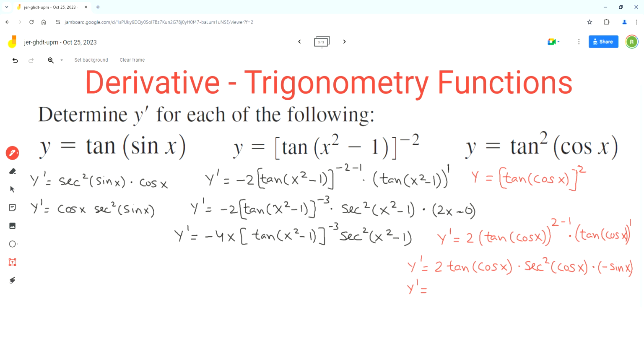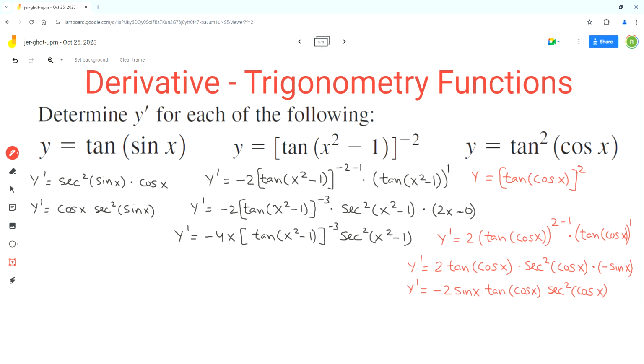So negative sin x times 2 will make the whole term negative. So negative 2 sin x. So this should be the final answer for the derivative of the third function.